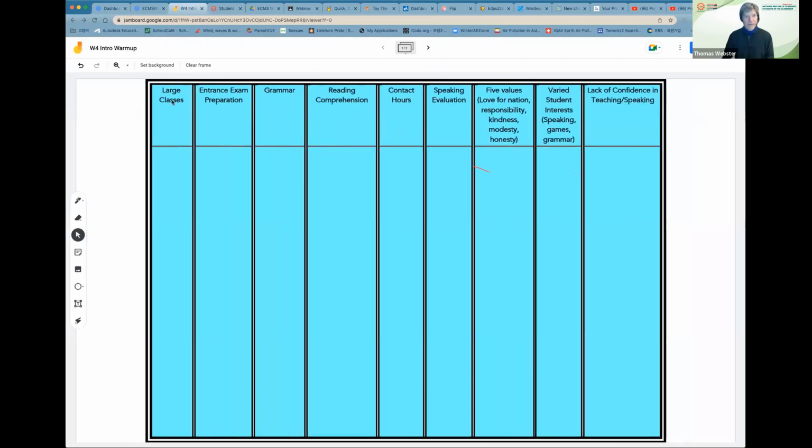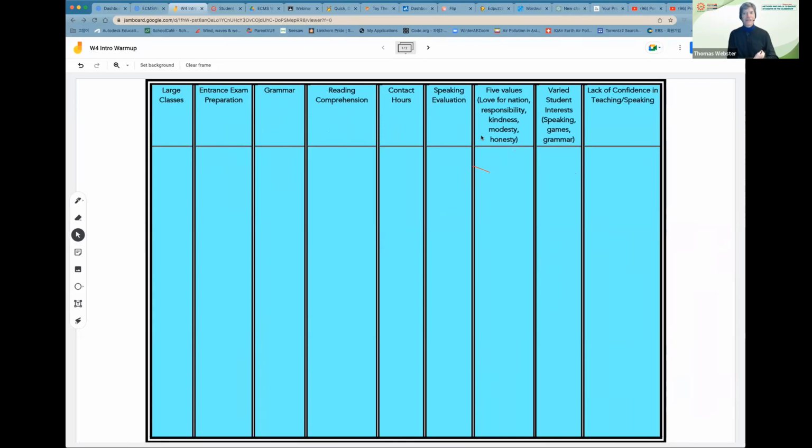Again, looking at the problems: large classes, entrance exam preparation was an issue that you guys talked about, preparing students for the exam. Grammar, generally, reading comprehension was an issue, contact hours, speaking evaluation. Interesting, I didn't know about this aspect here. 5 values that I suppose you have to teach as part of your lessons.